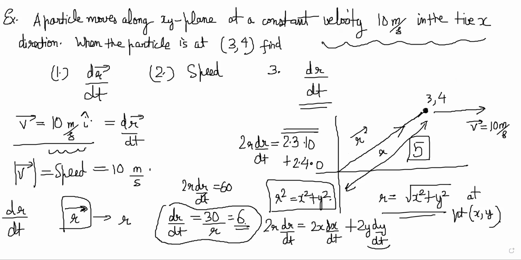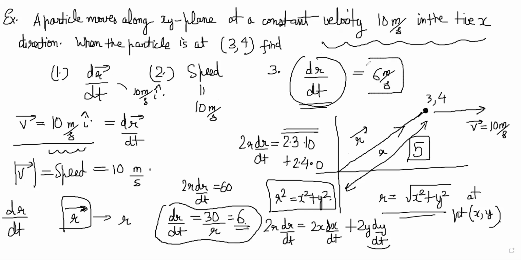So you should understand clearly that this is completely different. This is 10 meter per second i cap, this is 10 meter per second, and this is 6 meter per second, but it doesn't have a direction and is not related to speed. I hope that example explains the difference between these terms, and do not get confused by these.